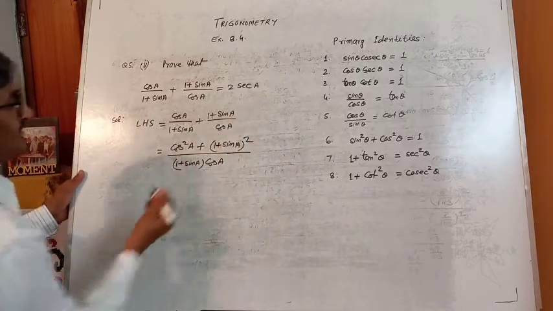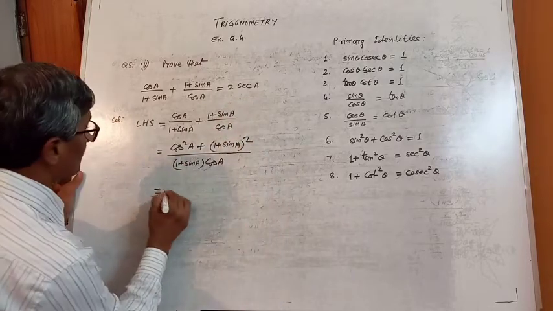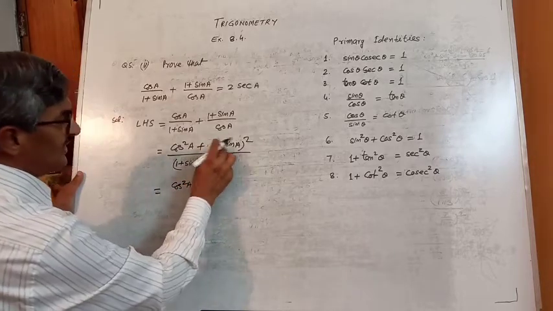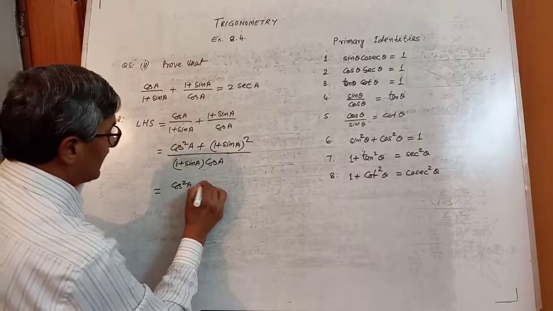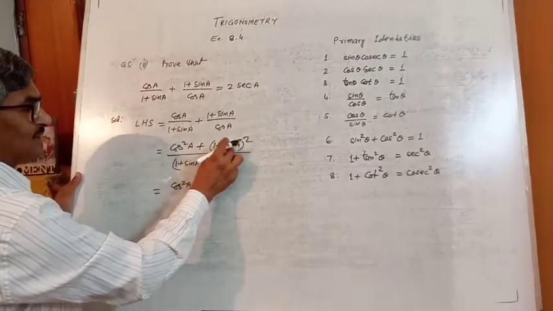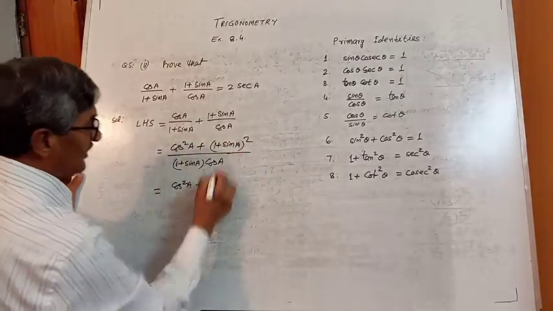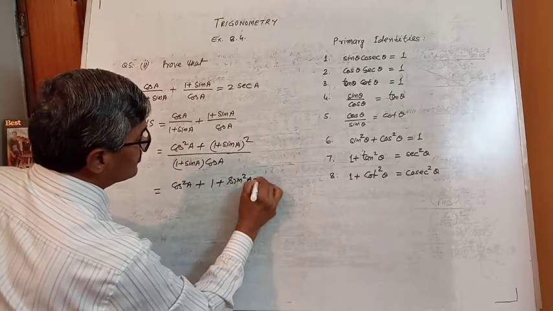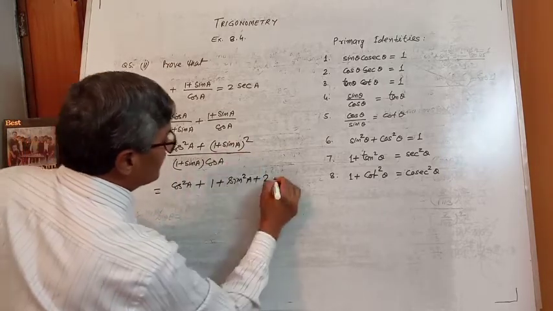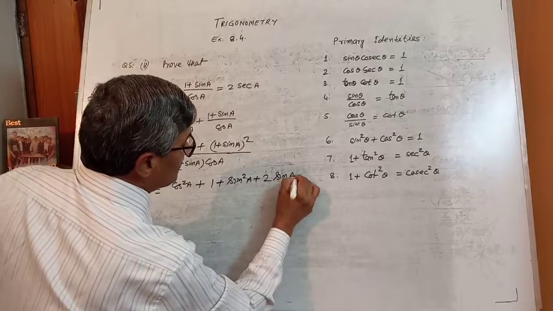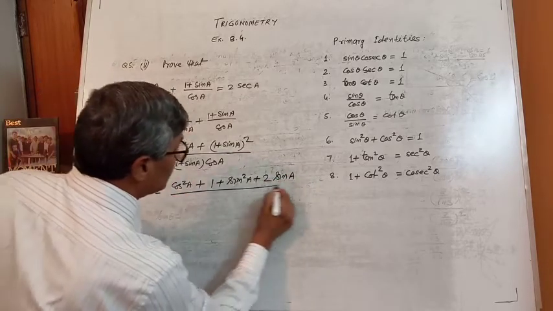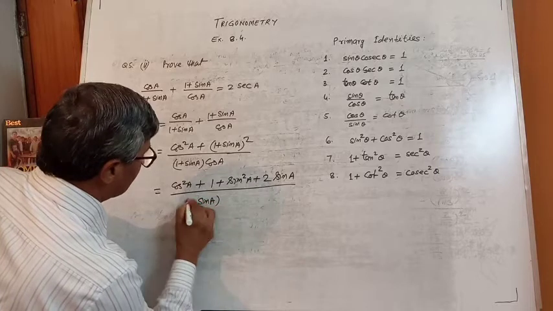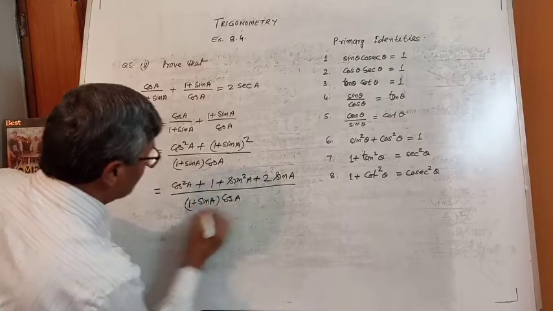Now expand it: cos square A as it is, and this is the algebraic identity (A plus B) whole square, A square plus B square plus 2AB. So 2 sin A, divided by (1 plus sin A) into cos A.